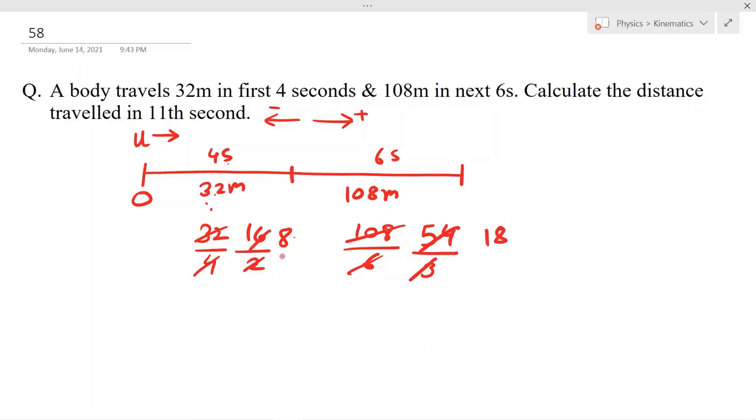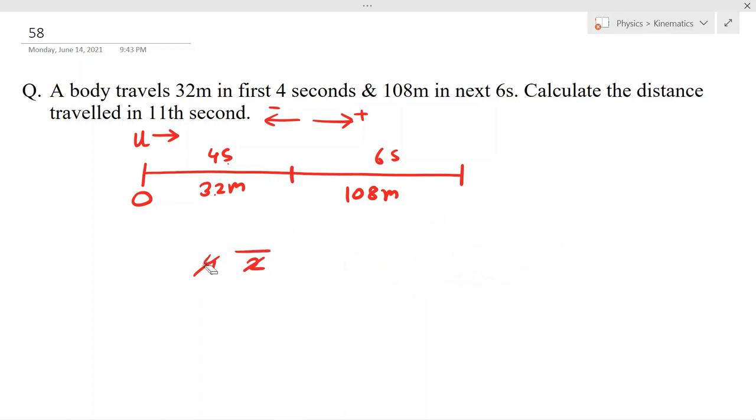So 8 is not equal to 18, so this is not uniform motion, this is accelerated motion. And in all of these questions we have assumed that the acceleration is constant, that is, this is the case of the uniformly accelerated motion.